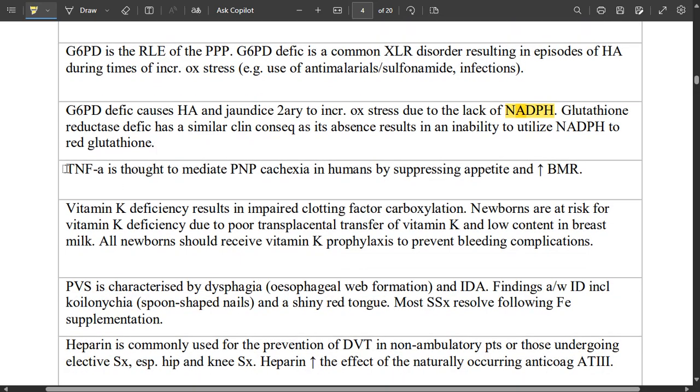Next point: TNF alpha is thought to mediate cachexia in humans by suppressing appetite. So what is cachexia, and cancer cachexia?